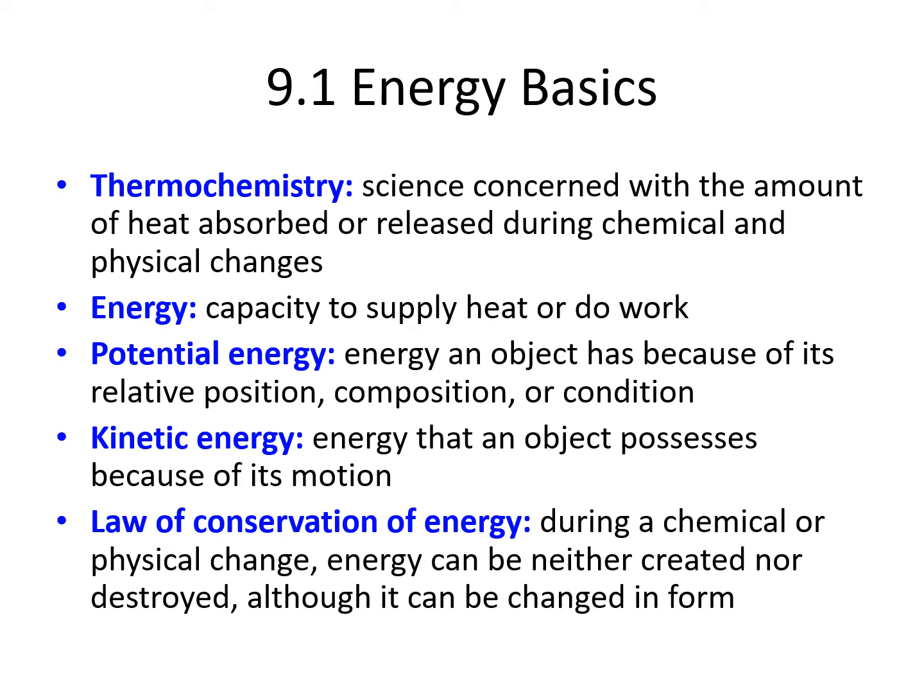So it could change between kinetic and potential, or there are a variety of other types of changes it could also undergo. So for example, we could push the ball to the top of the hill, and by doing that, we change kinetic energy into potential energy. Or we could push the ball down the hill, which would turn potential energy into kinetic energy.